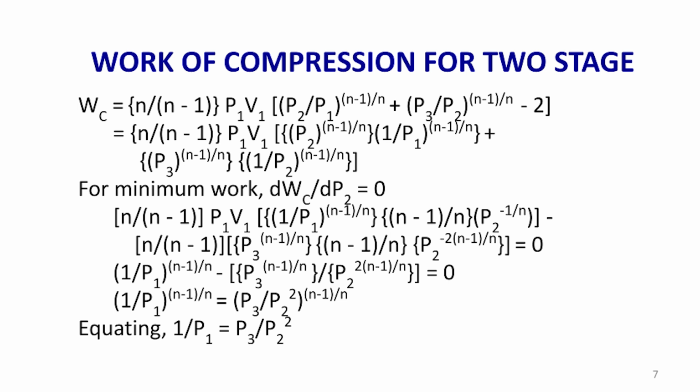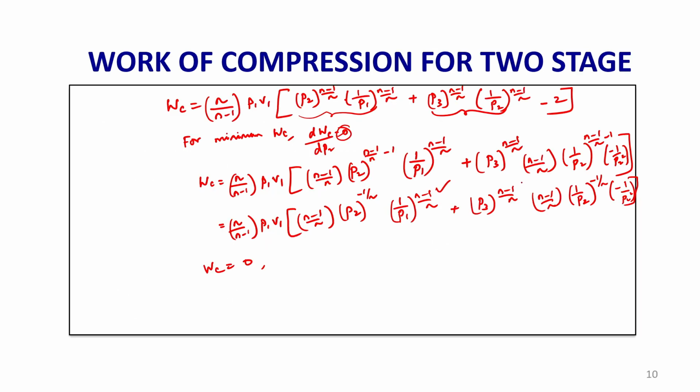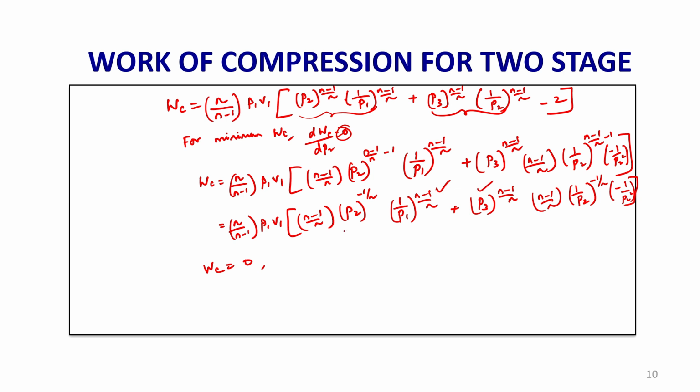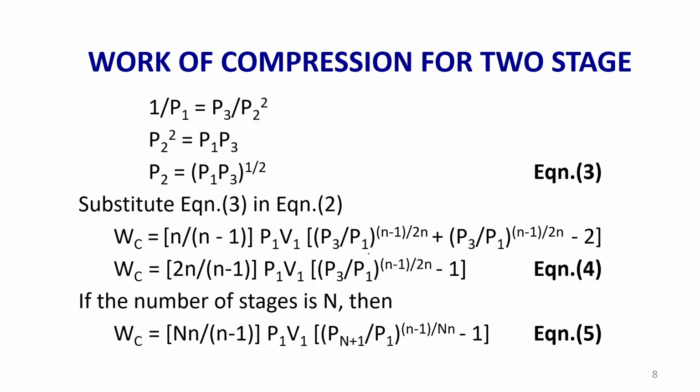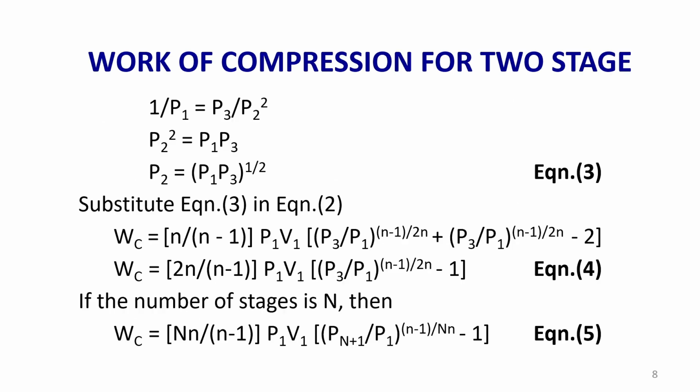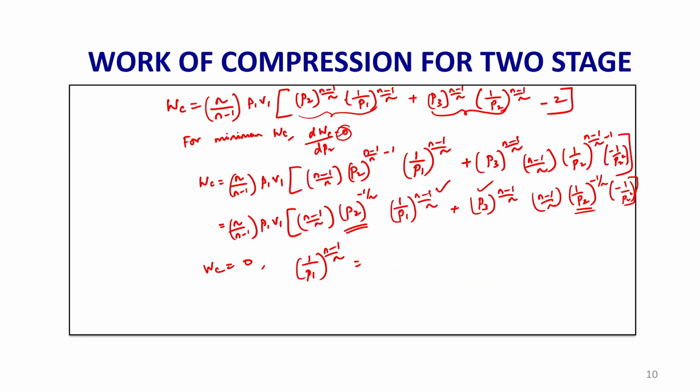Let us take these two terms, P1 and 1 by P1, and P3 terms are separate terms. There are two terms with P2, one is P2 and one is 1 by P2. Okay. So, 1 by P1 whole power n minus 1 by n is equal to, or let me write like this, minus P3. Next step we will take it to 0.